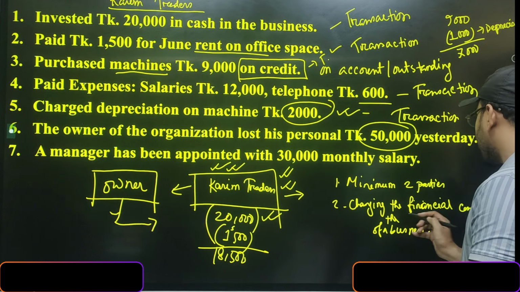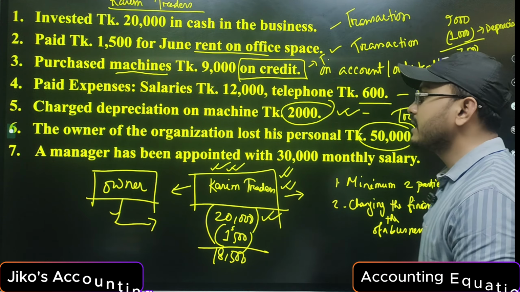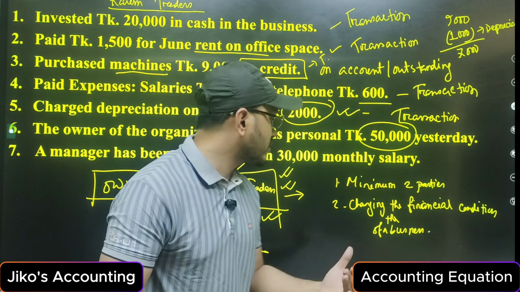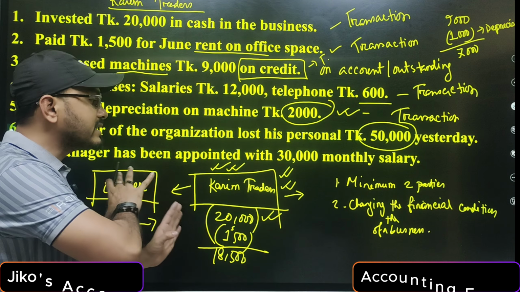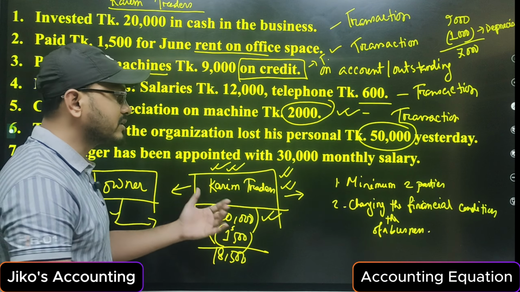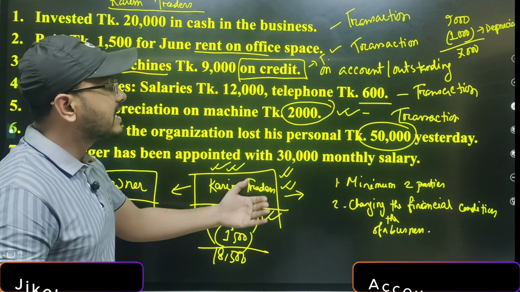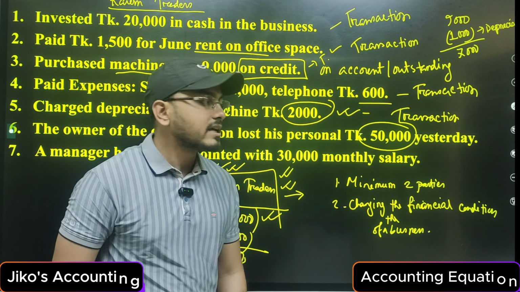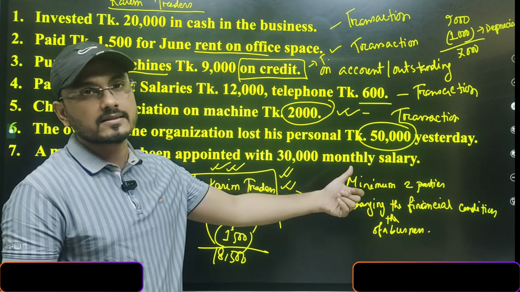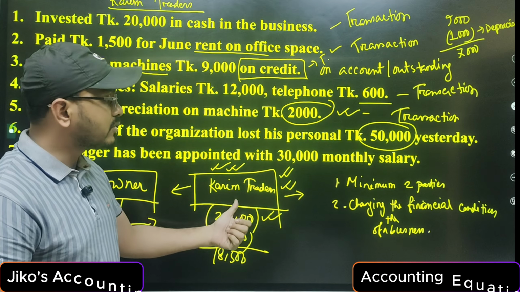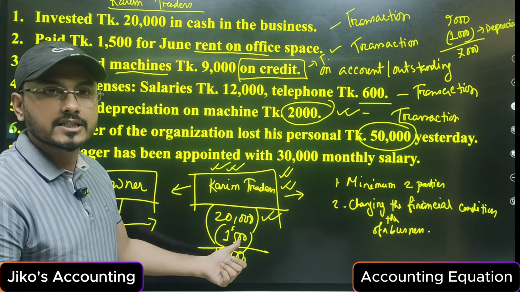And the second condition, changing the financial condition of the business. As you know, the owner and the business are totally separate from each other, so there is no way of connecting anything. If I lost money from my personal wallet, that should not be considered as a transaction. Do you know why? Because there is no change we can see in the business organization.